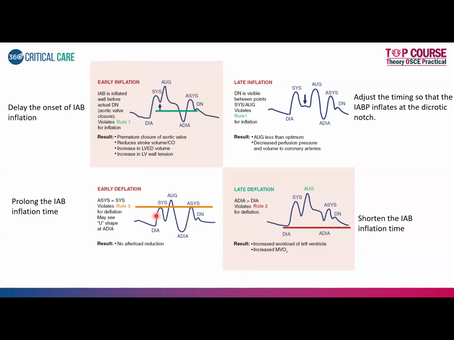So this is one of the parameters which is a giveaway for early deflation, and we have to prolong the IABP inflation time. And last but not the least, we have the late deflation, which causes an increase in the workload of the left ventricle and an increase in the myocardial oxygen demand. So shorten the IABP inflation time in such cases.